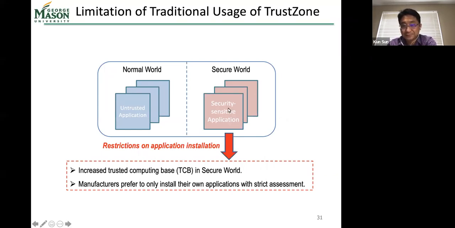One is that when we install more applications in the secure world, the trusted computing base, the TCB, becomes larger and larger. Also, vendors and manufacturers close the secure world once the smartphone is on the market, so they don't allow third parties to install their own applications into the secure world.